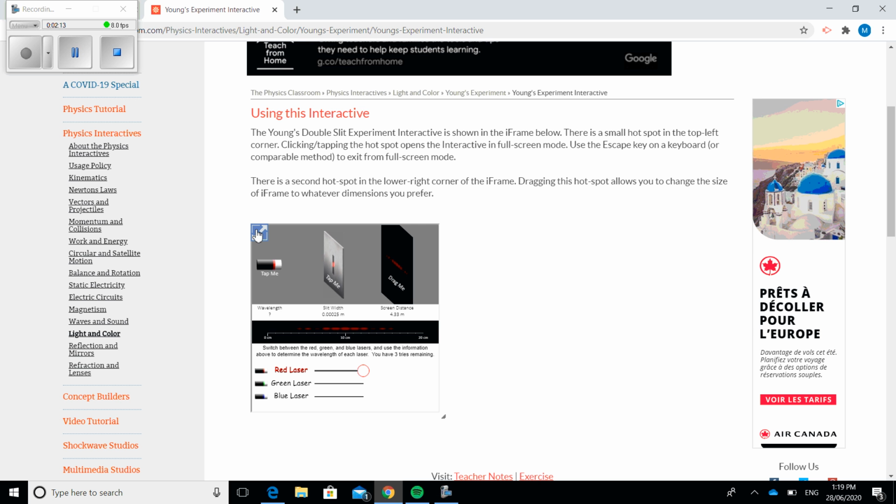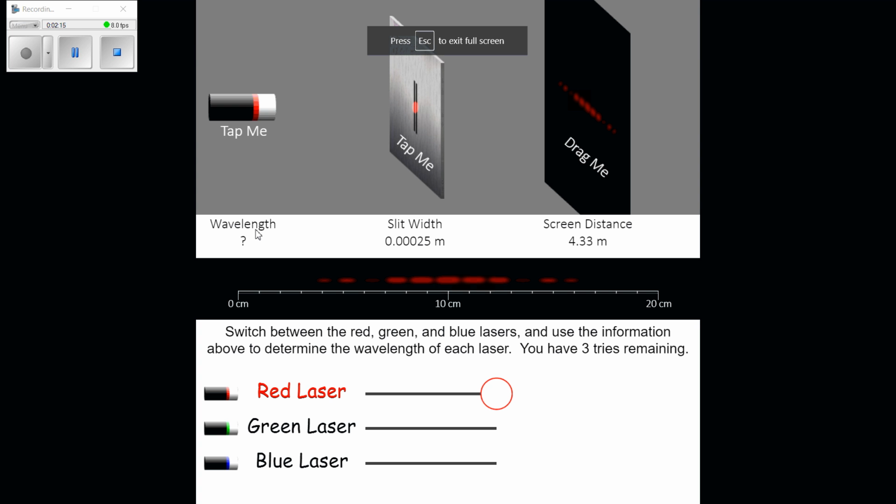So I go to the left-hand corner and I click on that and it will enlarge it. So this is how you get all of your different distances here. It says tap me right here. So you can play with the slit width and change it. You'll see that the bright fringes down here are changing.